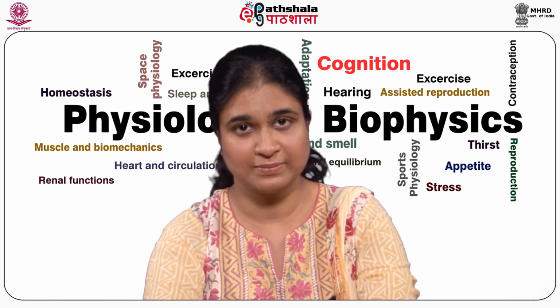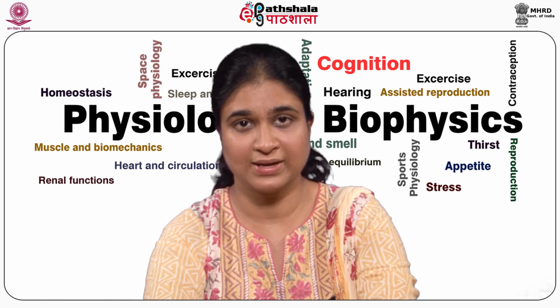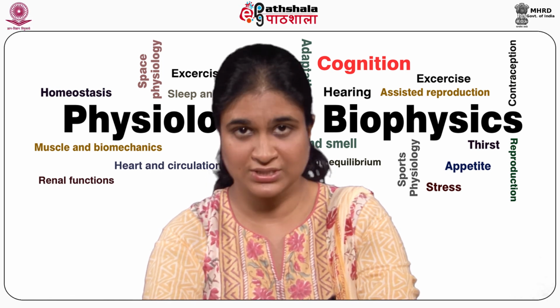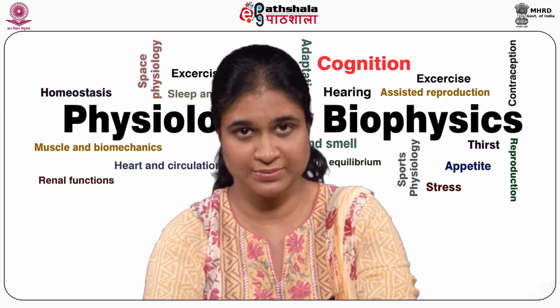Force generated by the muscle in vivo is determined primarily by two factors: intrinsic contractile properties of the muscle fibers and the pattern of activation of the motor units in the muscle.